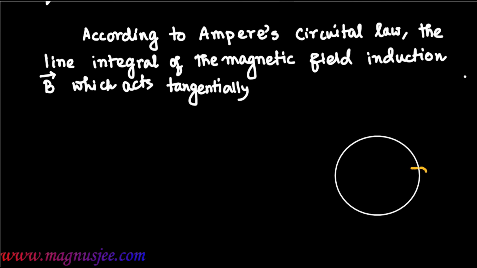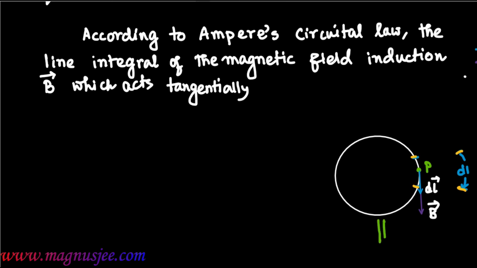So if we draw the diagram of the toroid again, this is the anchor ring on which a large number of turns of insulated metallic wire are wound. P is the point on the ring of the toroid. At P, magnetic field induction vector B acts tangentially, and we consider a small element of length dl on this anchor ring. This vector dl will be acting tangentially. That's why vector B is parallel to vector dl.